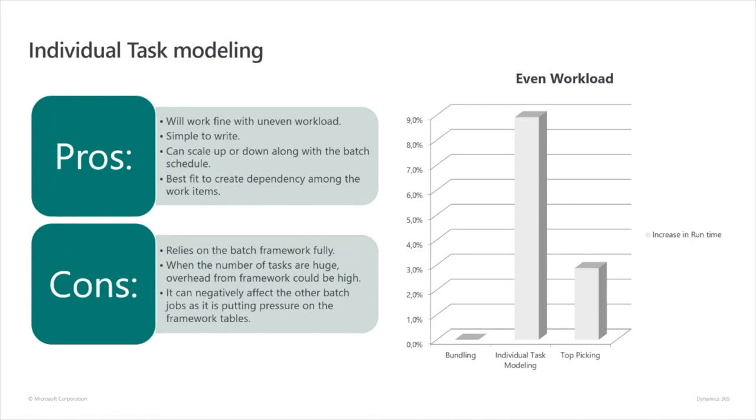Keep in mind that even if there are pros, for instance, that large work items won't be bundled together with smaller ones, which could potentially delay processing of smaller work items, there's still a risk of putting significant pressure on the batch framework itself when the number of tasks is huge. Imagine thousands of tasks that can be an extra overhead to the batch framework, which might impact the overall performance quite severely.